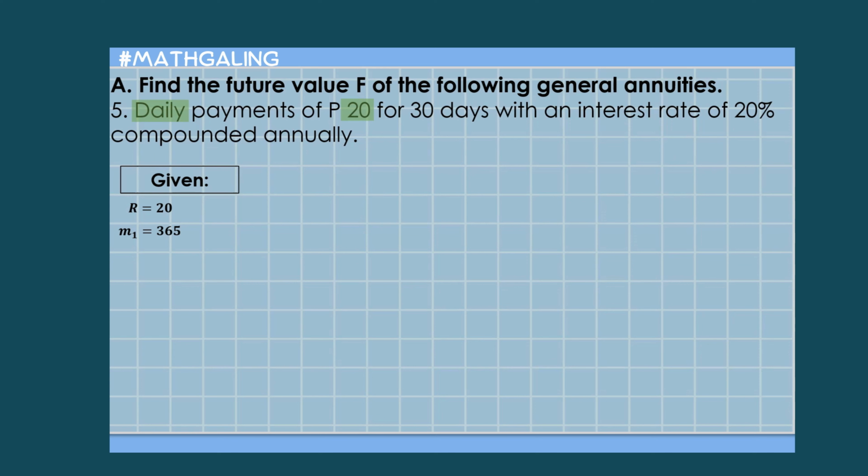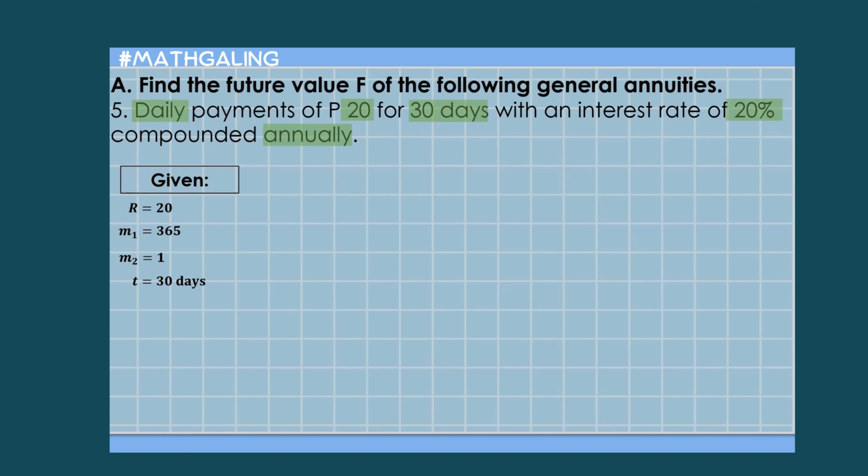So how many days are in a year? 365. And our M sub 2 or the compounding period is annually, so it is 1. And our time or the term of annuity is 30 days.